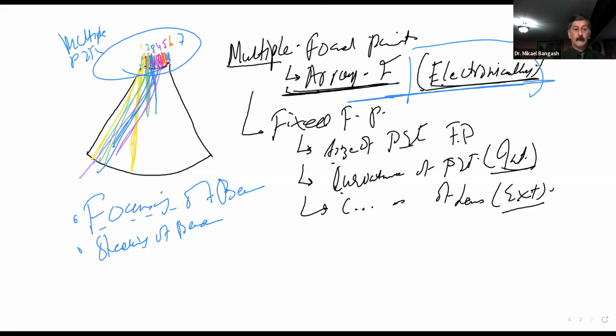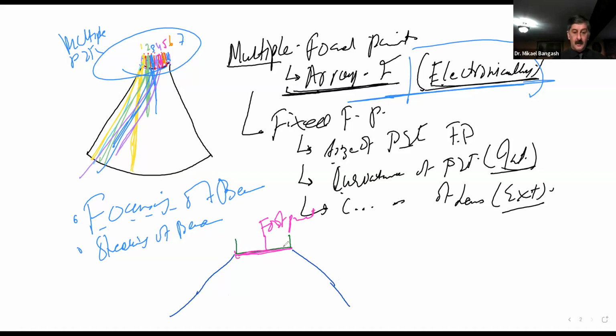Although this was all one transducer, it can produce an image which is going to be wider than the actual footprint of the transducer.